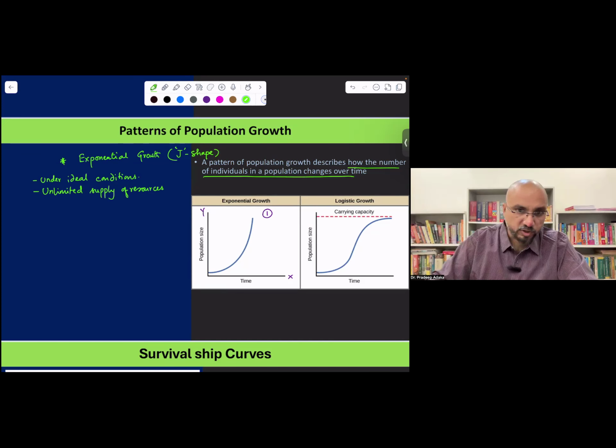Then we have another concept which is known as survivorship curves. Okay, so survivorship curves, basically it is again a graphical representation which represents how many young individuals will move on to the older stage.